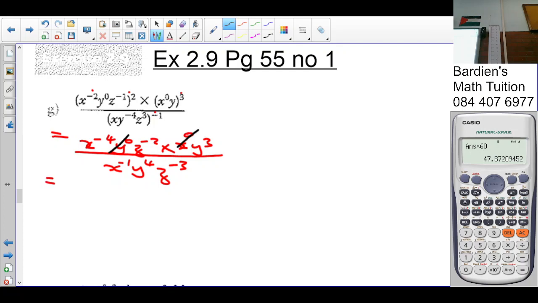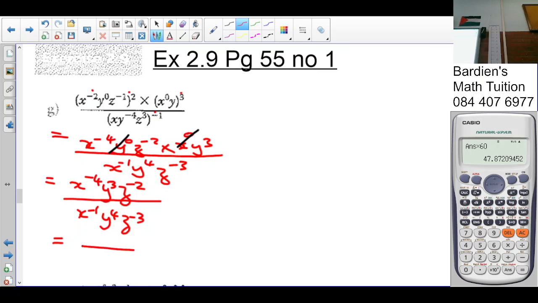So that's gone, gone. So on top I multiply: x to the negative 4, z to the negative 2 times y cubed is x to the negative 4, y cubed, z to the negative 2, over x to the negative 1, y to the 4, z to the negative 3. So where's there more x, on top or at the bottom? Bottom.